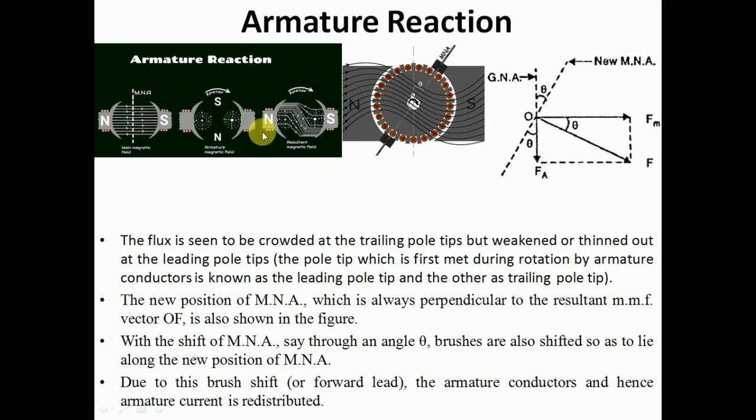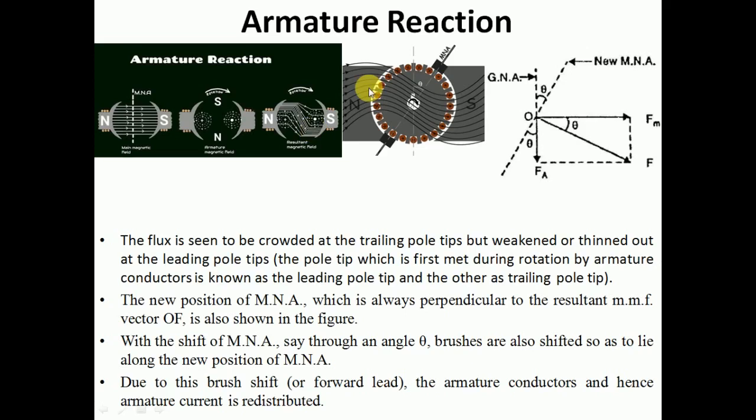So in effect, at the top side of this conductor there is weakening, and at the top side of the other conductor there is a crowding of magnetic flux. Next, considering the bottom sides of the conductors, at the bottom side of this conductor there is weakening of flux lines, and at the bottom side of this conductor there is strengthening of flux lines.